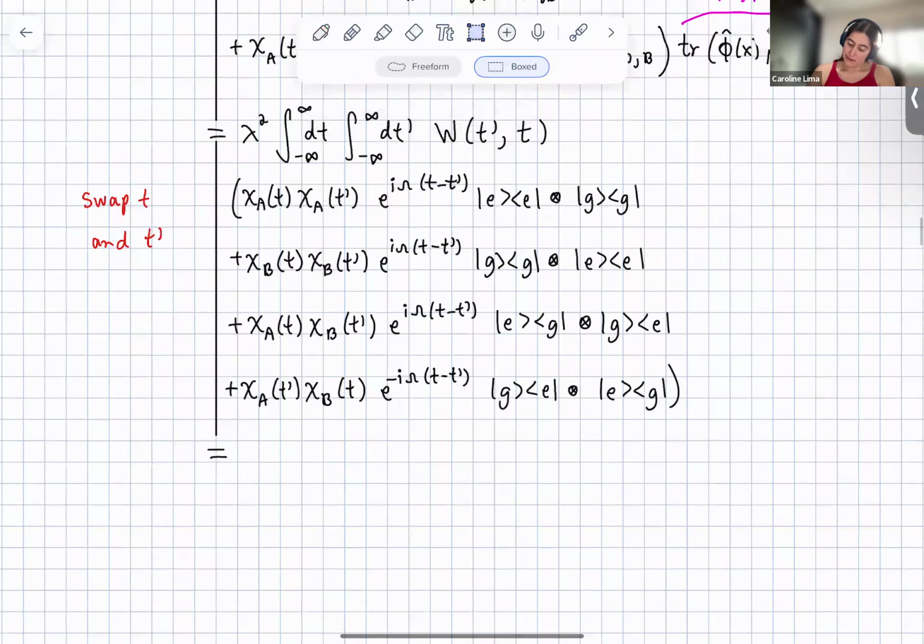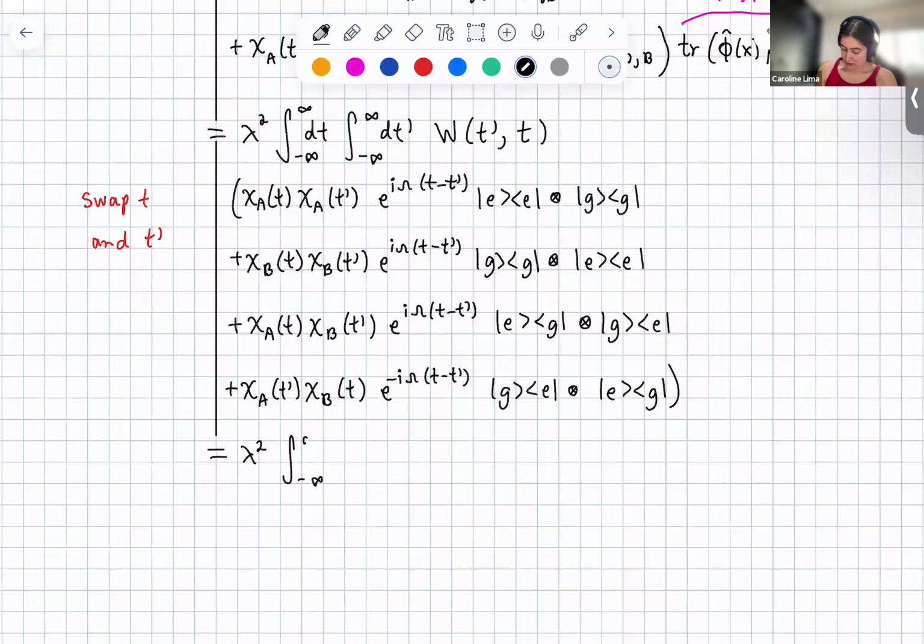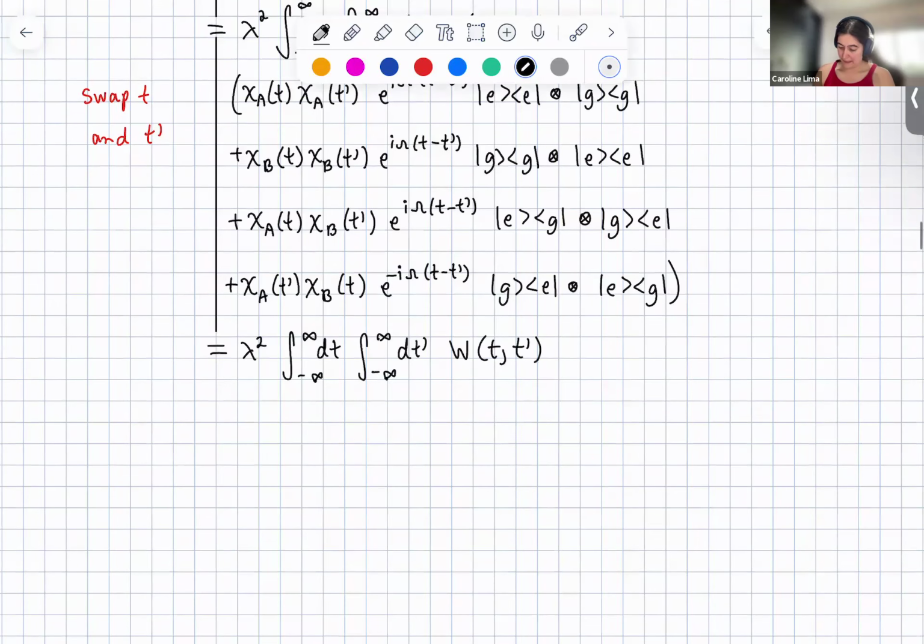So to do that, it's going to be pretty much the same thing, but let me see. This is going to be the same, the same. Then I swap the T and T prime, okay?